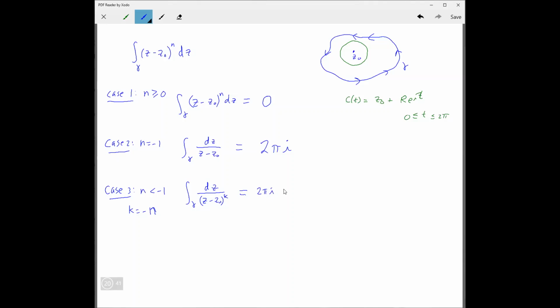So 2 pi i times the k minus first derivative, right? At z naught. But f of z is just 1. So the derivative is just 0 everywhere, right? Mm-hmm. That's just going to be 0 then.